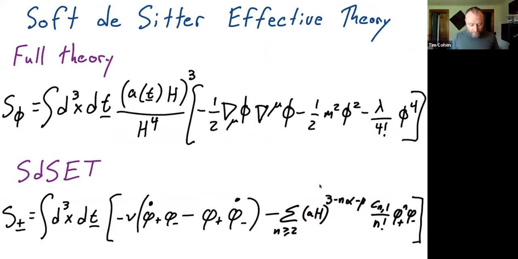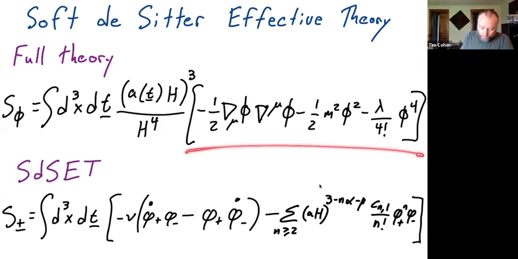Okay, so what does this look like? We take the full theory action expressed in de Sitter space, okay? So this is with the FRW. We can write this, right? This is just lambda phi to the fourth, where we have non-trivial curvature here, and this is coming from the measure.